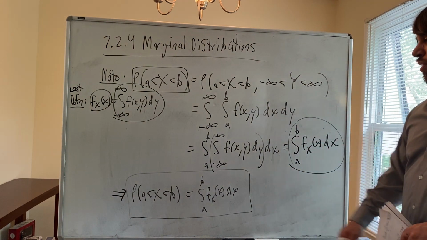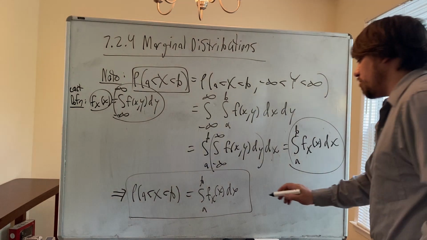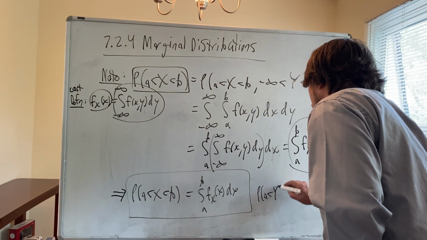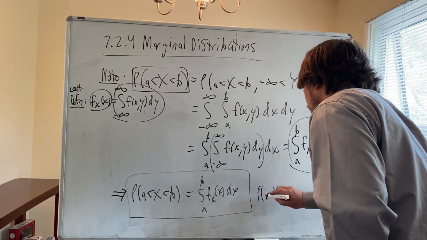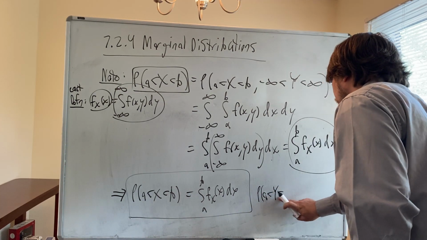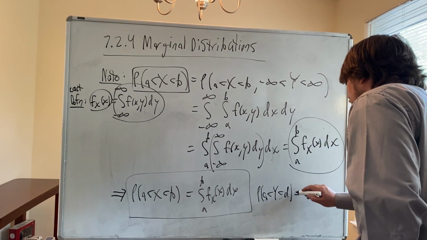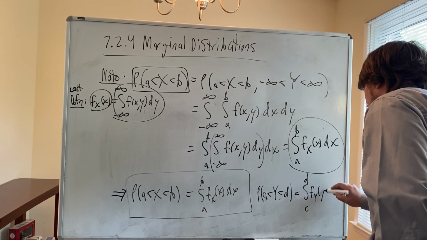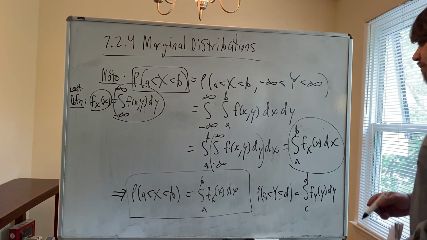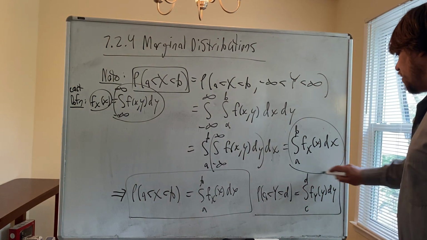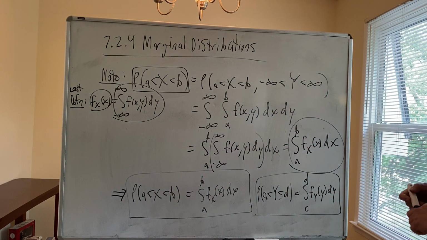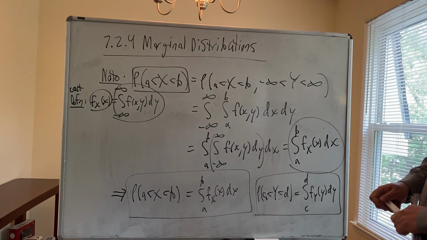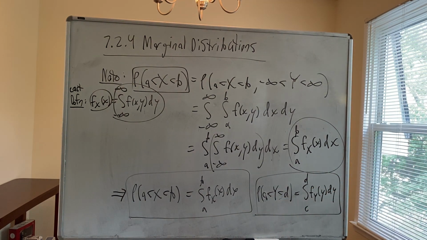And very similarly, you can do this for y. So you could show that, similarly, the probability that c is less than y, less than d, is equal to the integral from c to d of f sub y of y dy. Okay, so we can justify this in a very similar manner and show that the probability that c is less than y less than d is the integral from c to d of f sub capital Y of y dy.